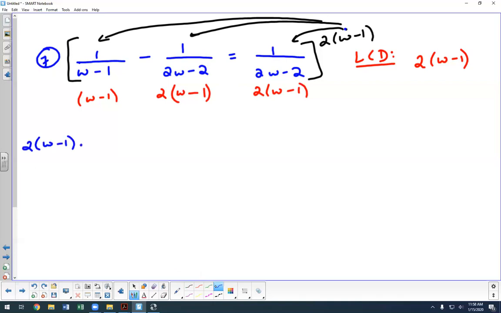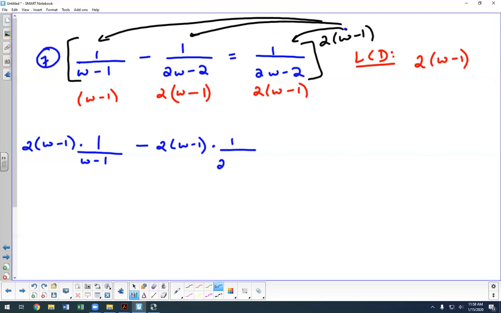I am multiplying that with my first term, which is 1 over w minus 1, minus, again, my LCD, 2 times w minus 1 multiplied with 1 over. Instead of writing it in the original form, I'm going to write it in the factored form so it's easy for us to cancel things out.